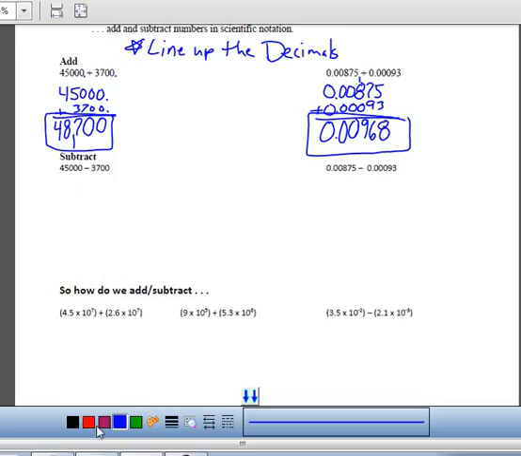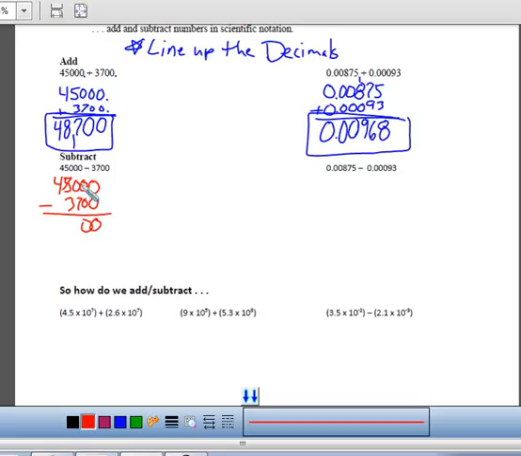Okay, now we're going to subtract. Again, make sure you are lining up your decimals. So we have 45,000 minus 3,700. Now, some of you may have learned some different strategies for subtraction. The way I learned is if I don't have enough to take away, I borrow from the next highest place value.